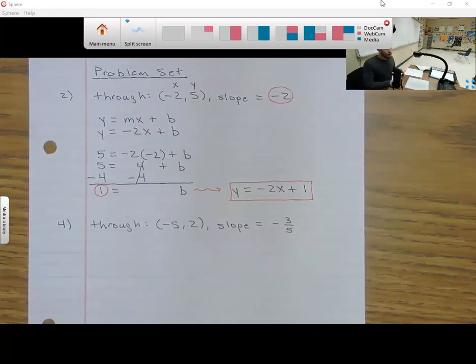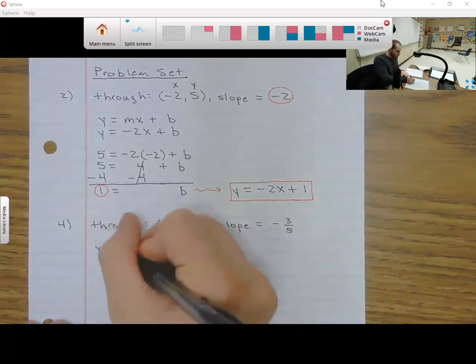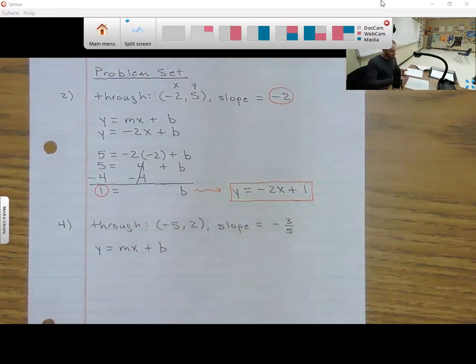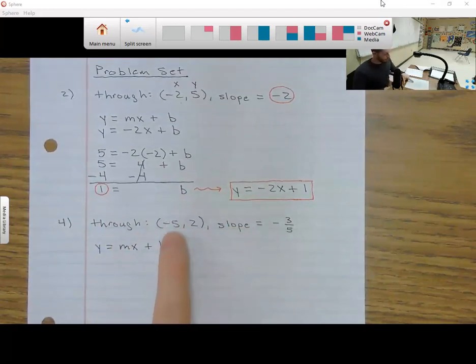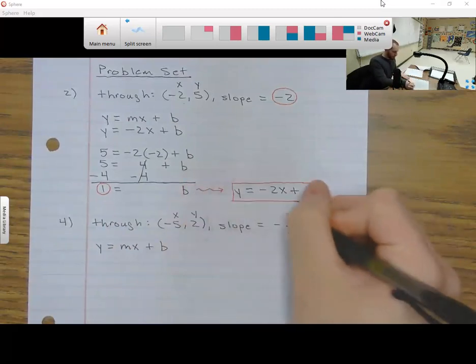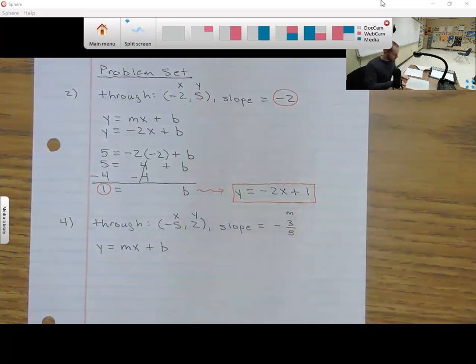And I know that I'm trying to put it in slope-intercept form. So I need y equals mx plus b, like usual. I haven't plugged anything in yet, but I'm about to, right? Because they give me 3 pieces of information: the x, the y, and the m. They just give those to me for free.